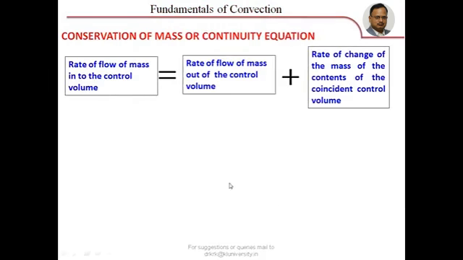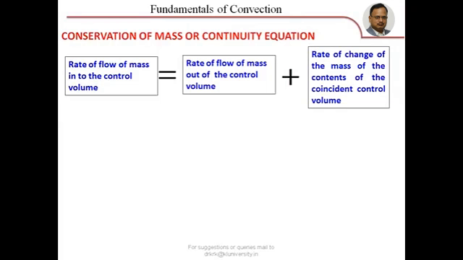Now move to the continuity equation. Consider a fluid element in the boundary layer, a control volume. Generally speaking, the mass that is into the control volume is equal to the mass that is out of the control volume, provided there is no accumulation or no depletion of mass within the control volume.